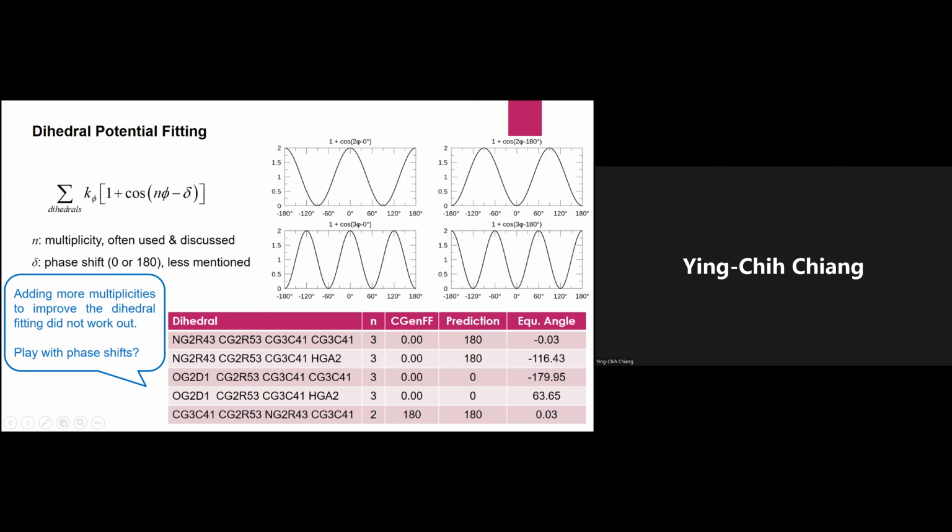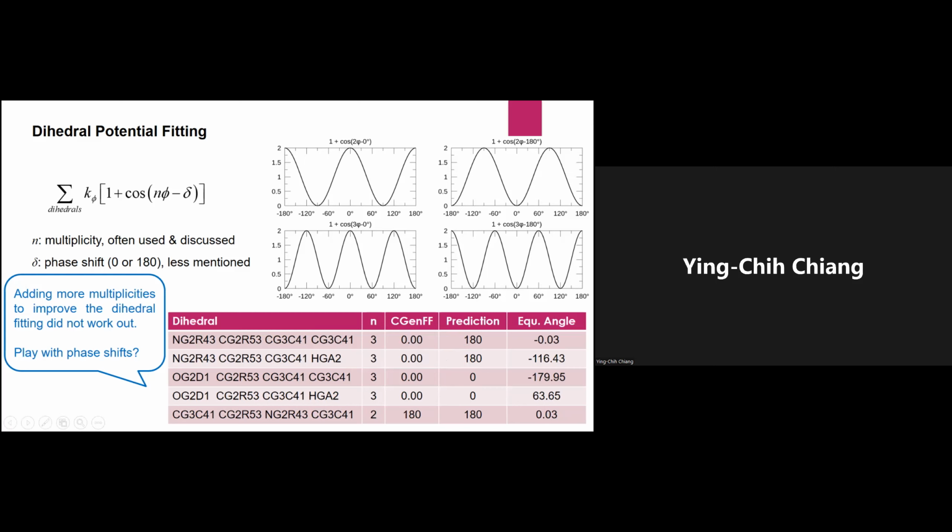However, the equilibrium dihedral angle is about 0. So what makes sense is to take the phase shift to be 180, such that your equilibrium geometry gives you an angle located at this potential energy minimum. With this idea in mind, we then start to predict what the phase shift is supposed to be, and then we keep it fixed during the optimization.